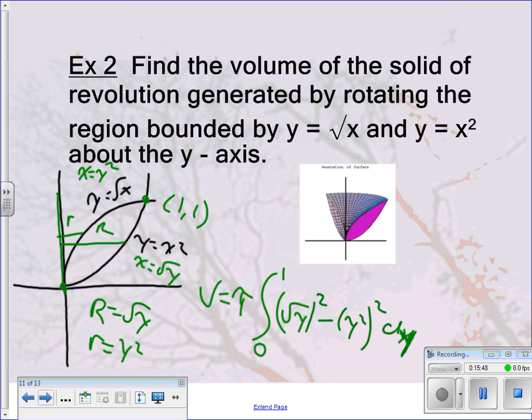Antiderivatives: 1/2 y squared minus 1/5 y to the fifth. Put in 1, you get 1/2 minus 1/5. It'll be positive, and then 0 minus 0 for the second part.